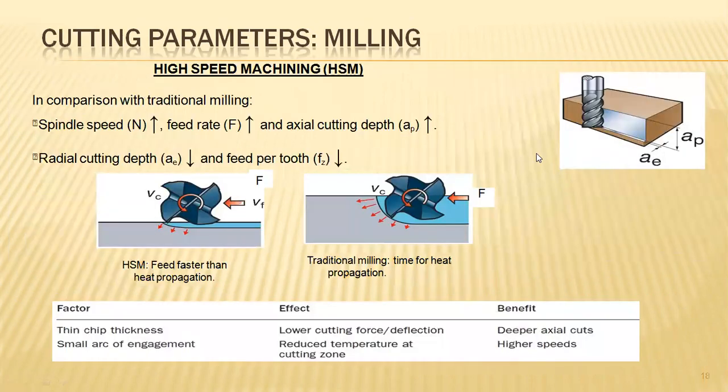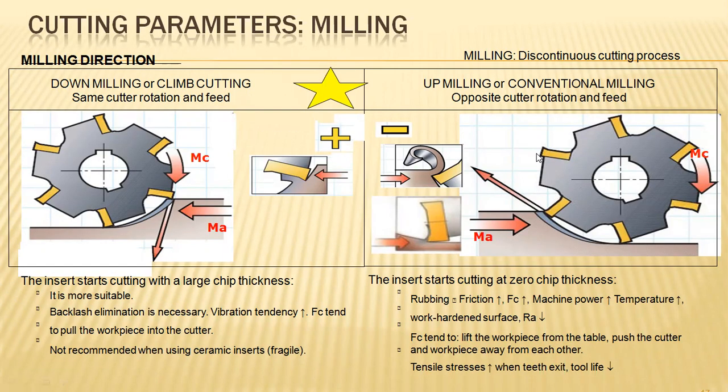In up milling, it starts with a slow initial movement of elevating the chips, and at the end it elevates a maximum thickness, like the built-up edge, right? That is because of the frictional variations, and the thickness of the chips will vary.